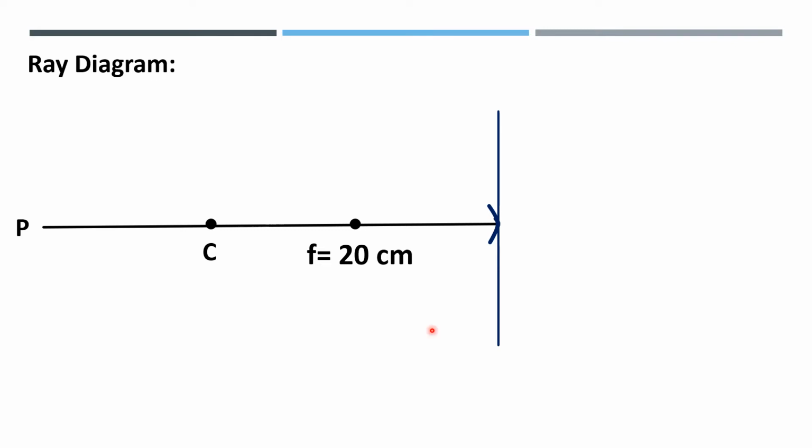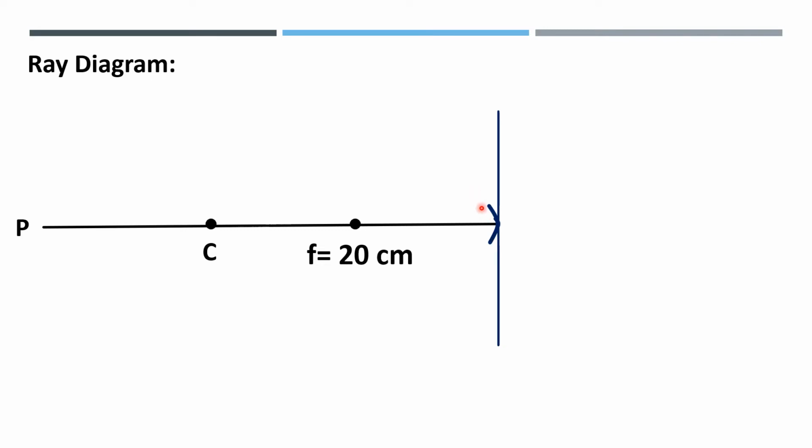So to solve this problem, we will first show how to illustrate the given situation using what we call a ray diagram. All right. So already given here, this symbol represents a concave mirror.